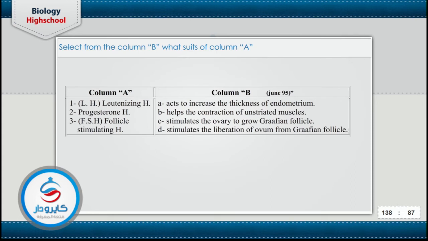Next, "stimulates the ovary to grow the graafian follicle". To make the graafian follicle I need the follicle stimulating hormone, that is number 3. Then "stimulates the liberation of the ovum from the graafian follicle", so I am talking about the luteinizing hormone, or the LH hormone. So that is the right answer.